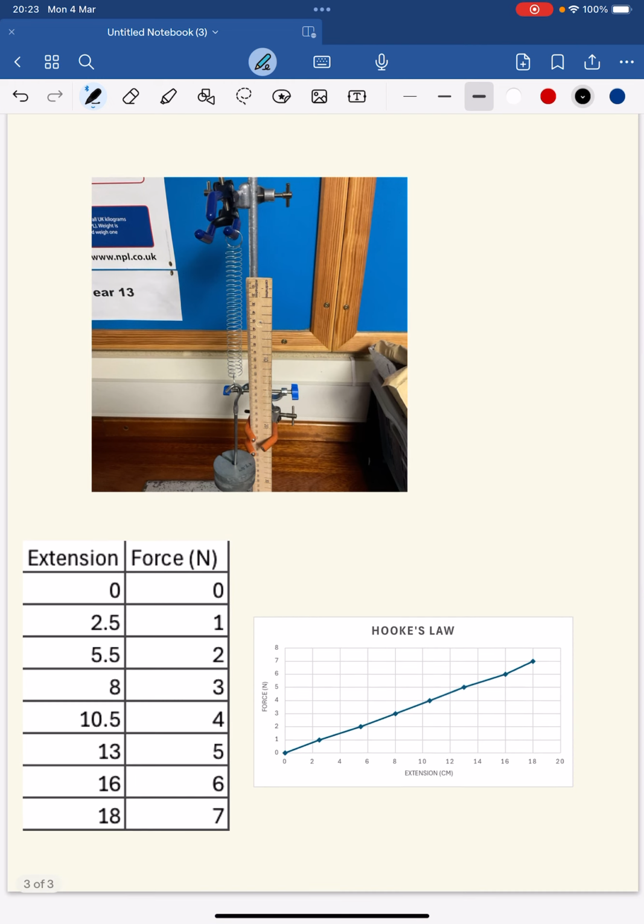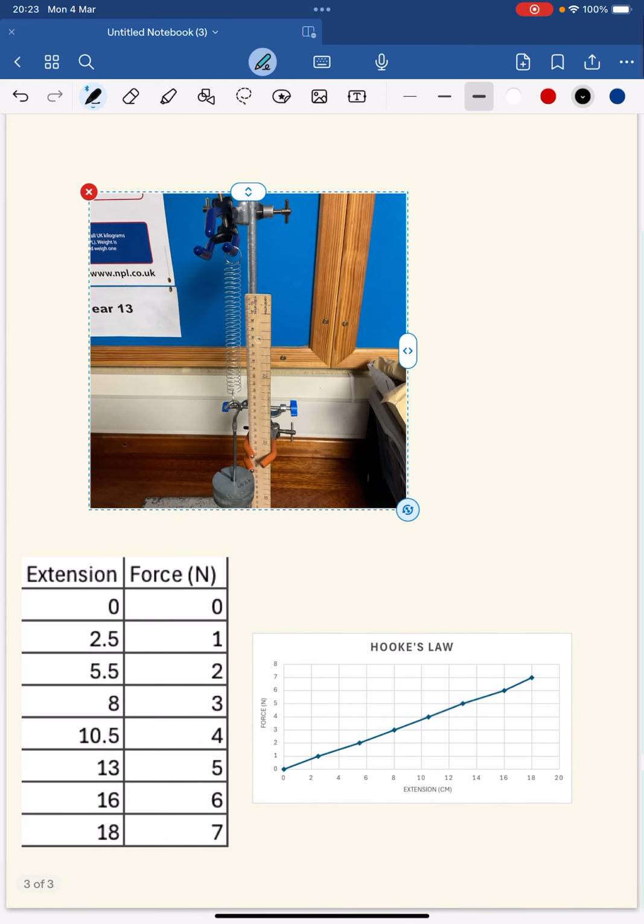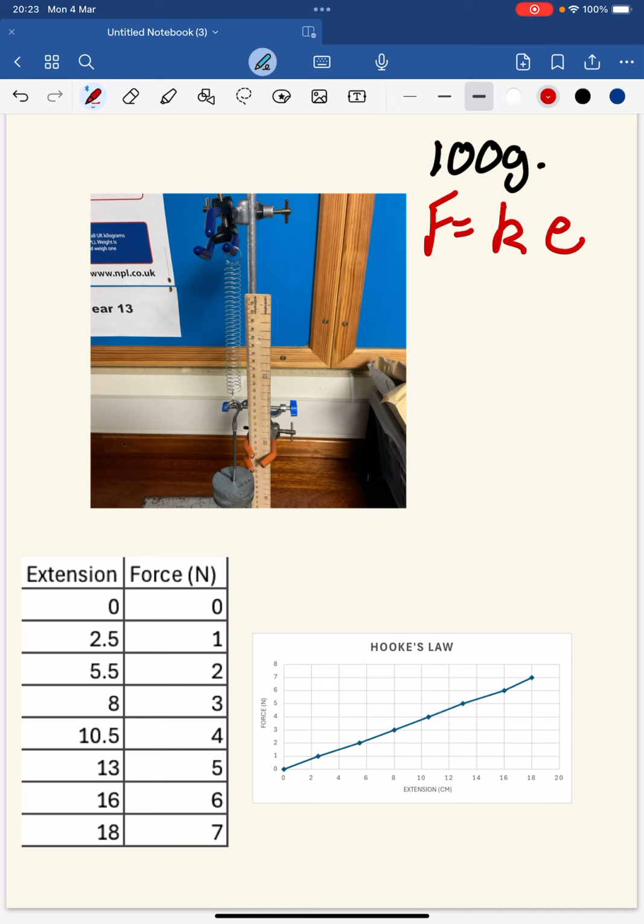So here we have some further masses being added to the practical, and each time we've recorded the extension. So as I said, each of those slotted masses are 100 grams. Now, for the equation we want to look at for Hooke's law, it is force is equal to the spring constant times the extension.